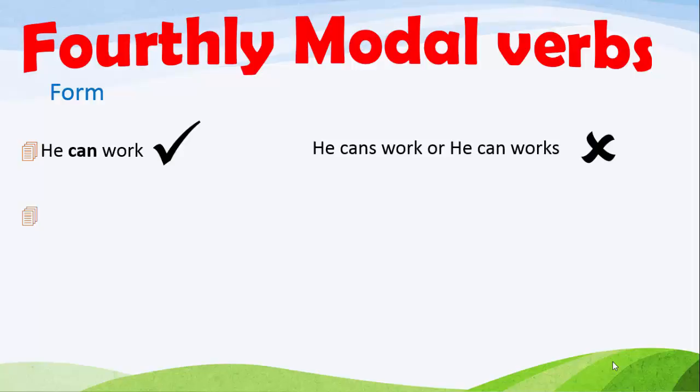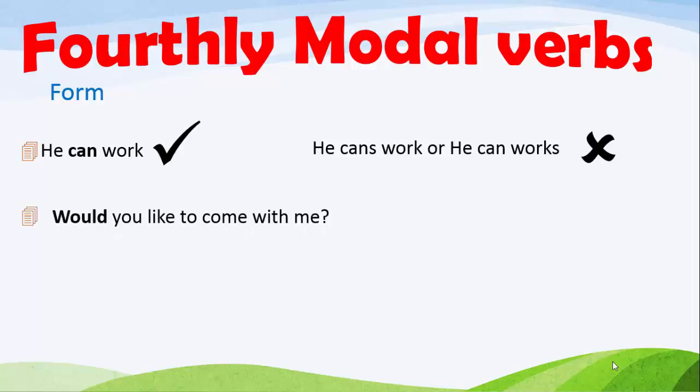I say he can work, I can work, they can work. So the verb work cannot be changed at all with the modal verbs. It must be in the infinitive. So this is the first thing you have to know about the modals.